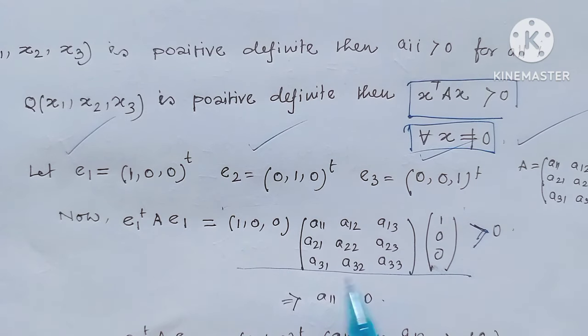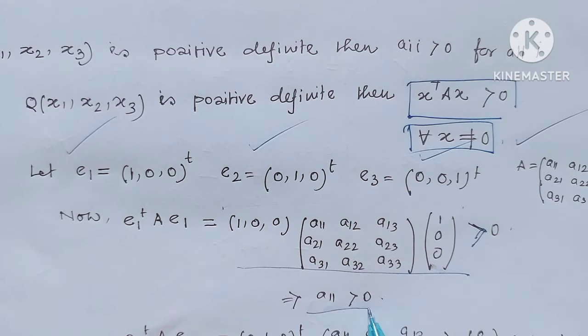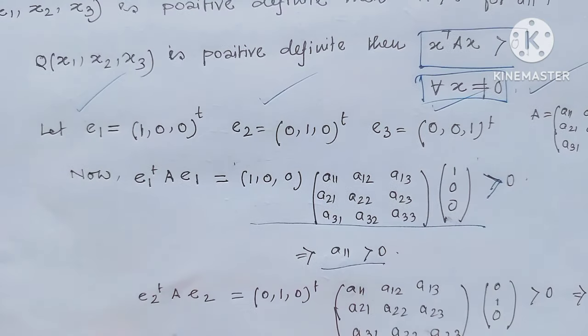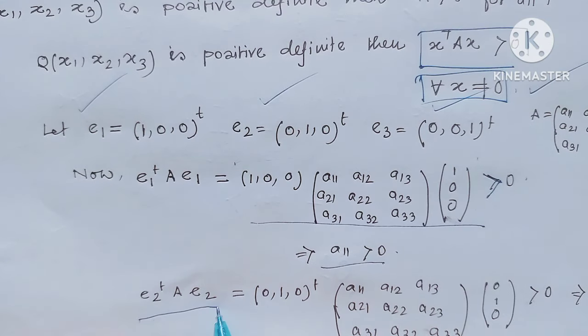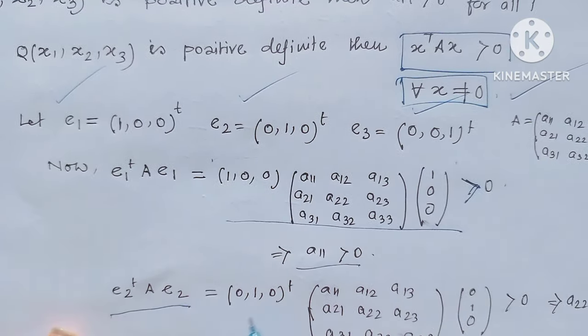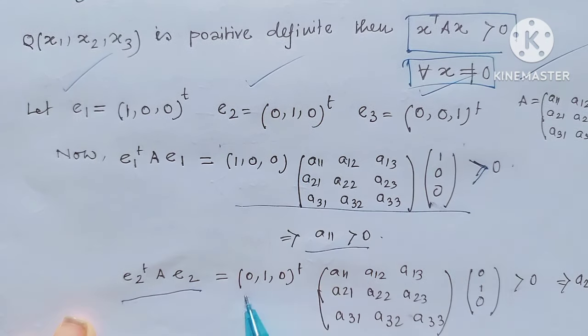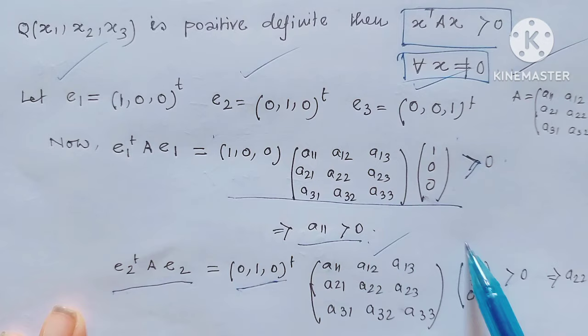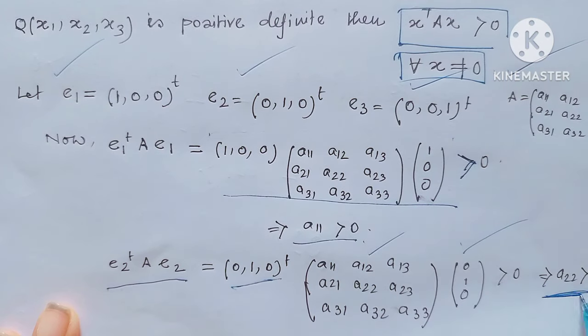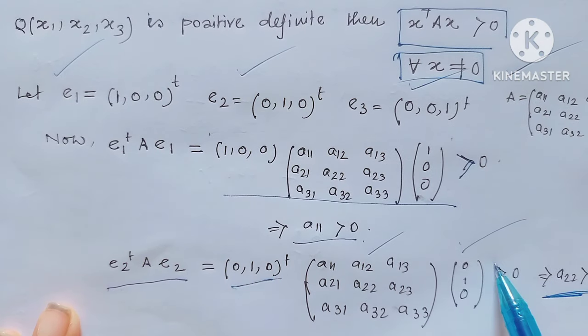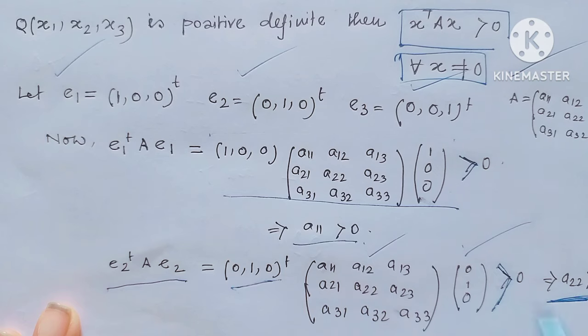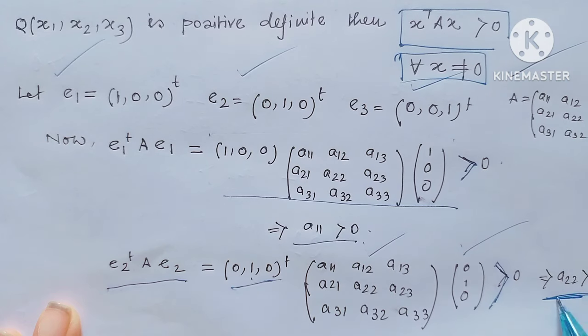After calculating, this value is a11 strictly greater than 0. And e2 transpose A e2 means (0, 1, 0) transpose times this matrix times e2, which implies, since this is positive definite, this value is strictly greater than 0. After calculating, this value would be a22 strictly greater than 0.